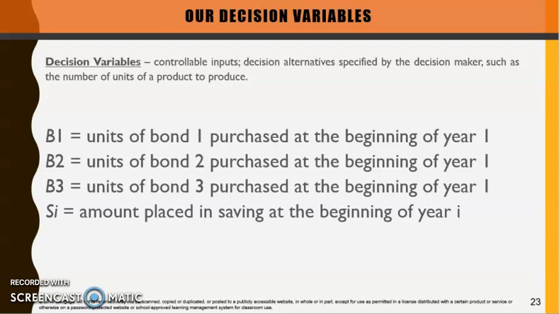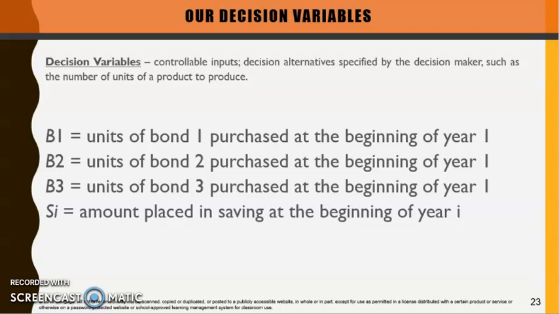So the number of bond 1, the number of bond 2, and the number of bond 3 are decision variables, plus the amount of money you invest in the saving account at the beginning of year 1, year 2, year 3, year 4, year 5, year 6, and year 7.